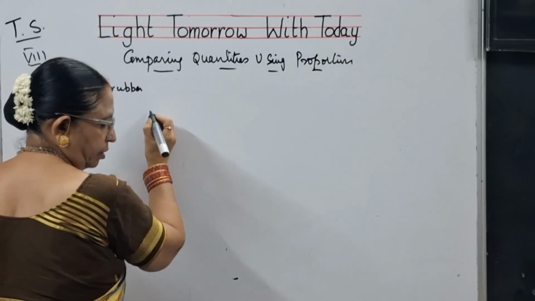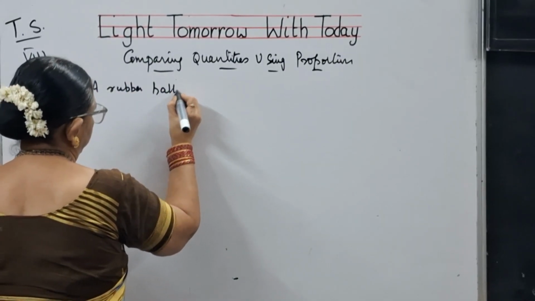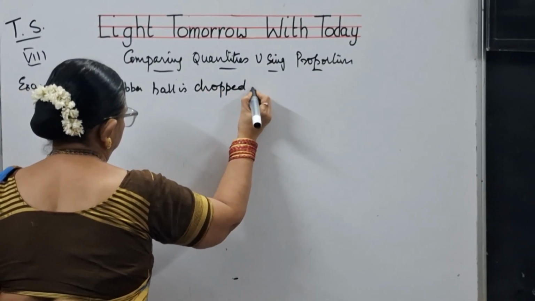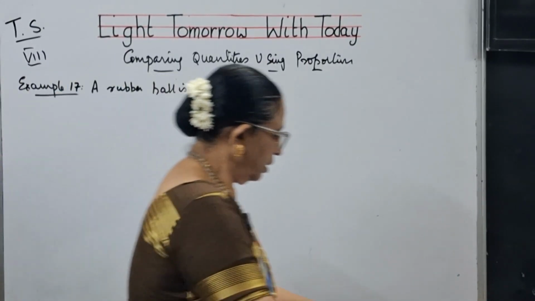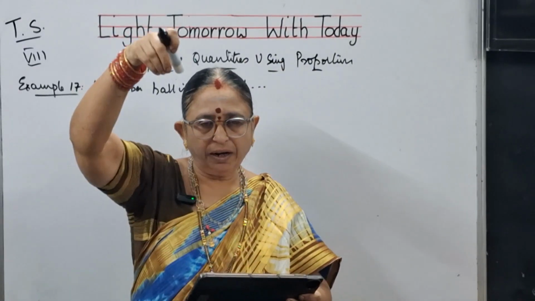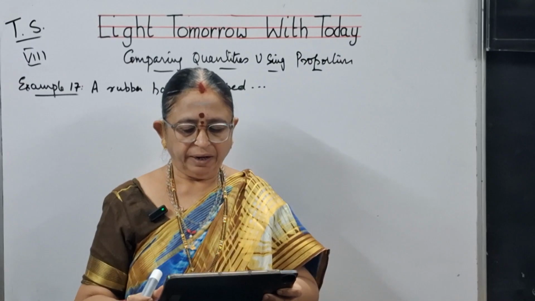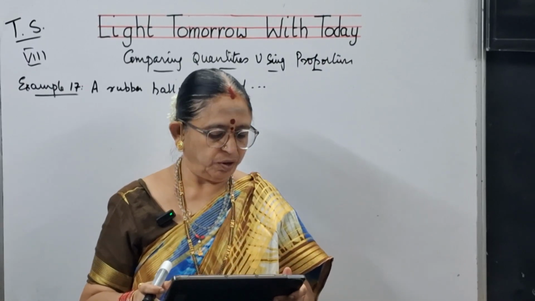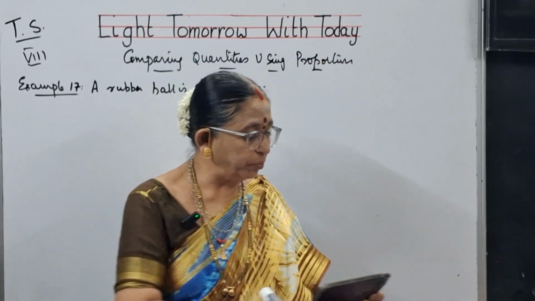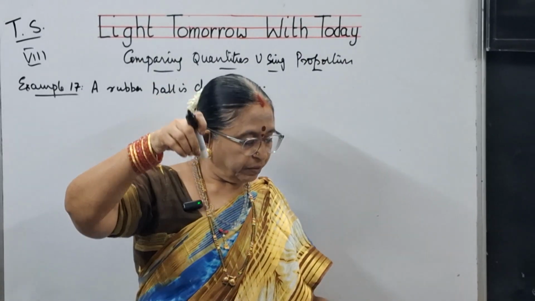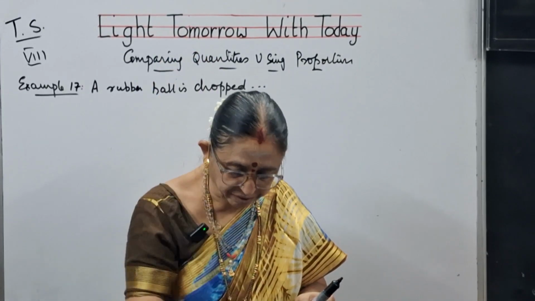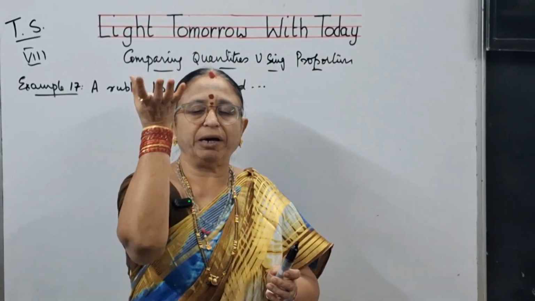A rubber ball is dropped from a certain height. It is found to rebound only 90% of its previous height. What do you mean by this, children? When you just drop a rubber ball, it goes down, it hits the floor, and it comes back.